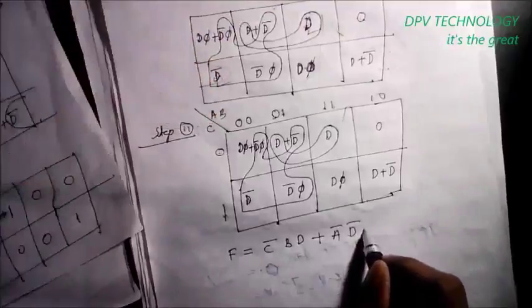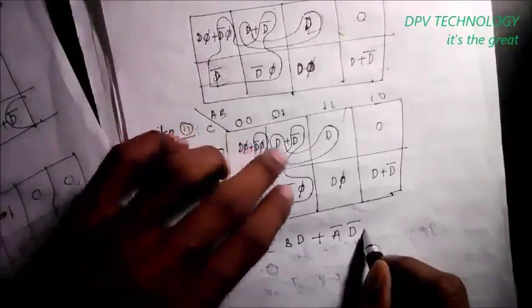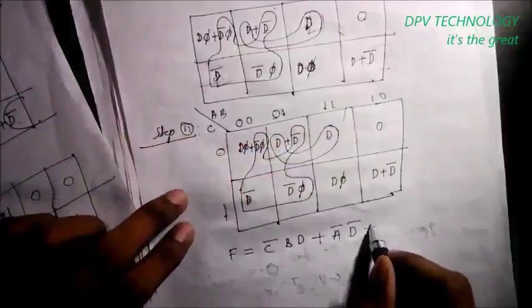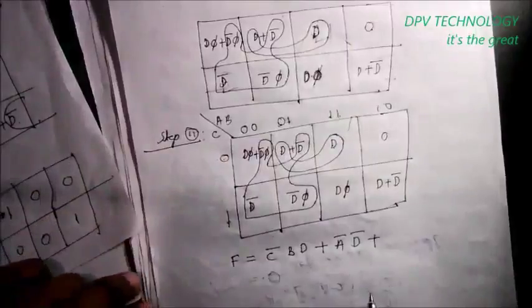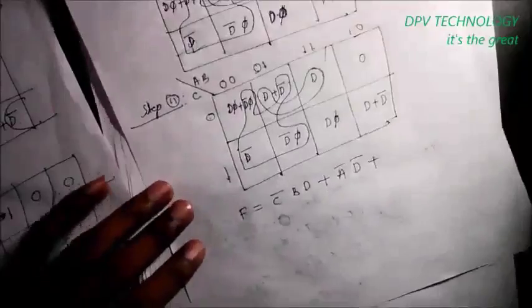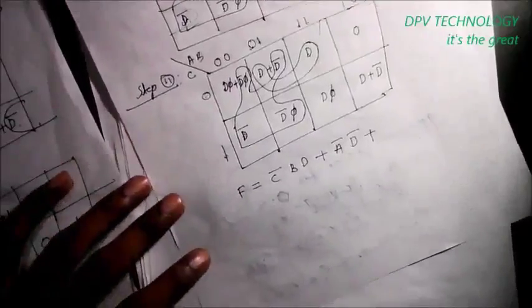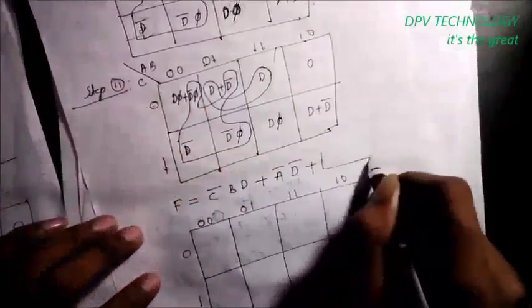Then in step 2 we have to make one more table, one more map again, with the given rules. Now how to make it, you see. We have something here also.